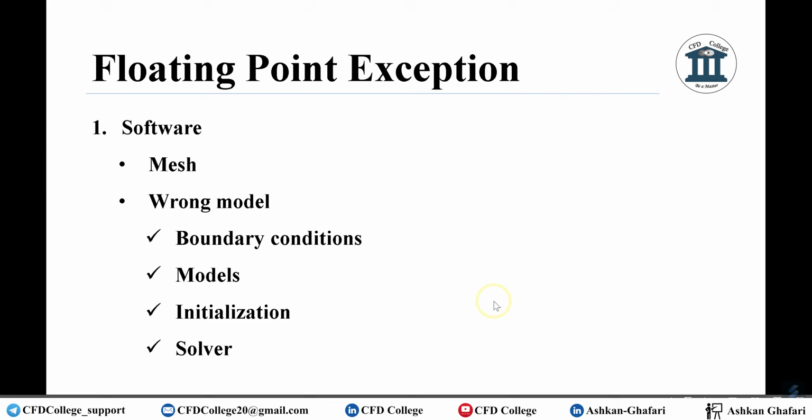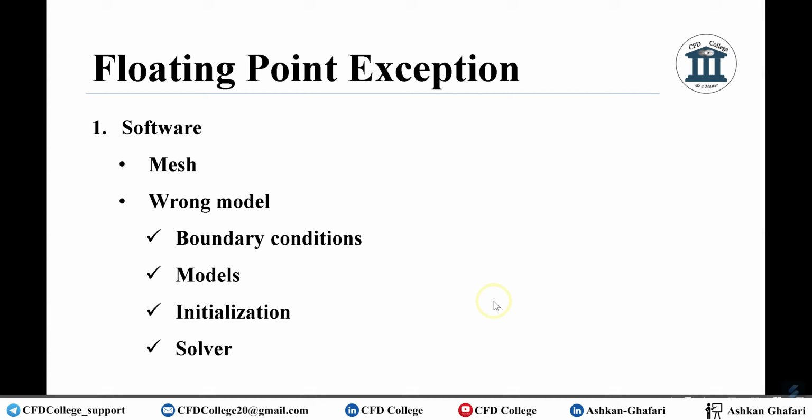The most important one, the most common one is mesh. Grid or mesh is really, really, really important in CFD. It's more than 50% of your CFD project because if you have a good mesh, by good I mean good looking and good quality, high quality mesh.